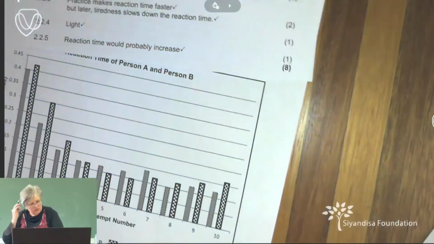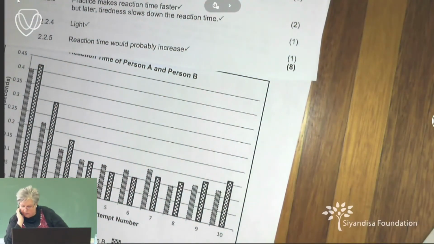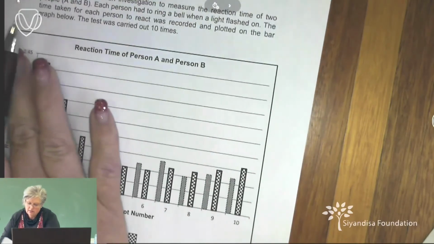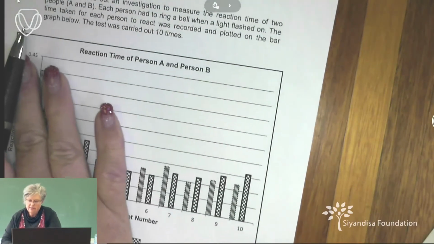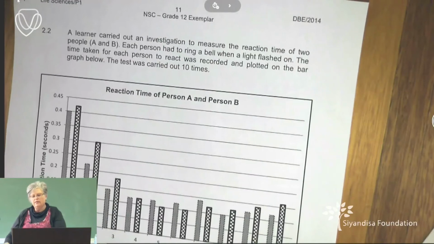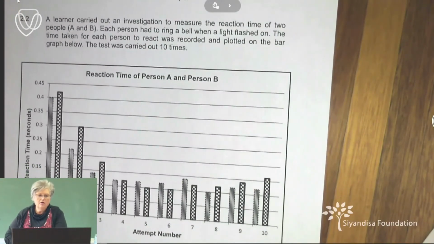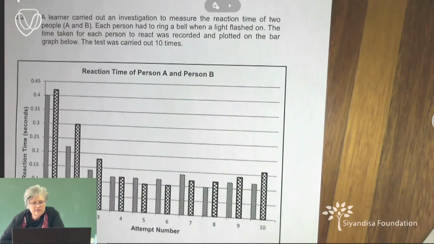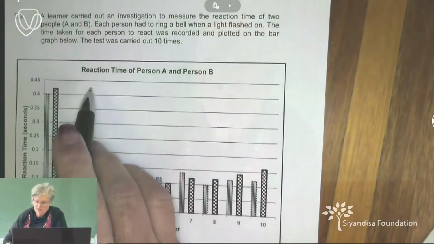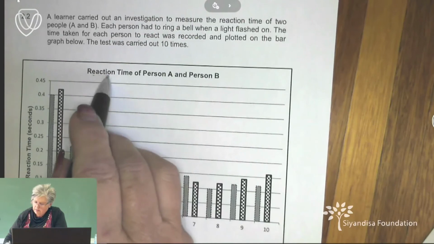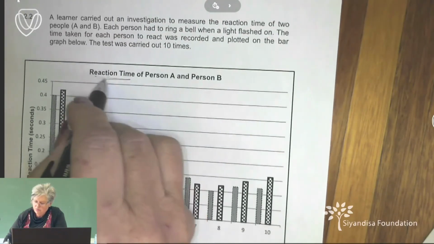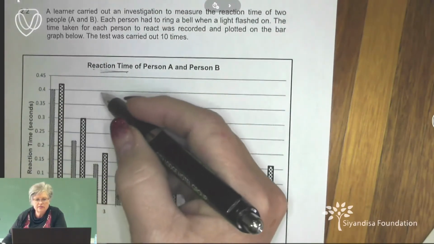Then another type of question that they like to ask is to link the eye or the ear with an investigation. This one is on reaction time. So this has to do with your reflexes, your reflex time.